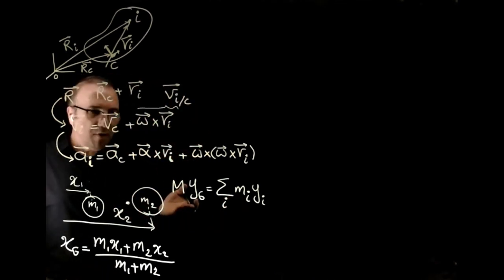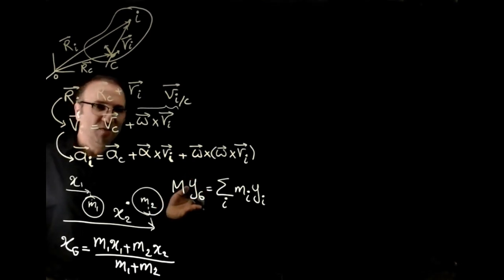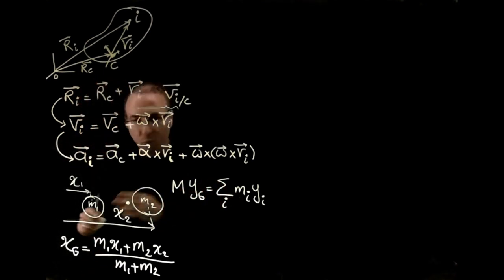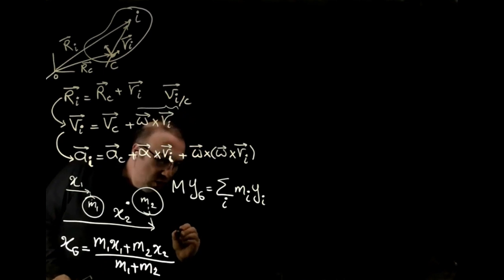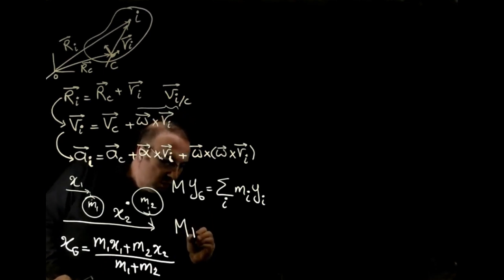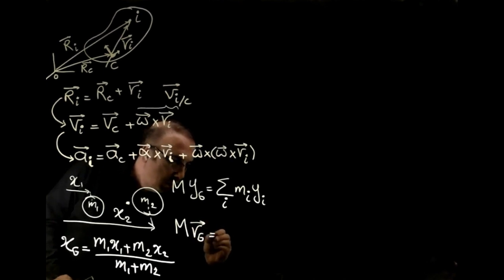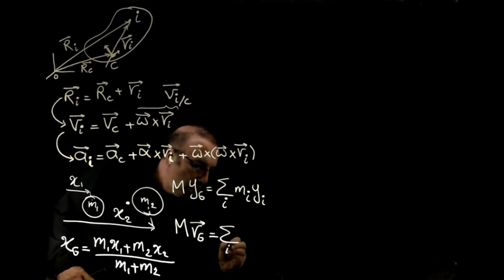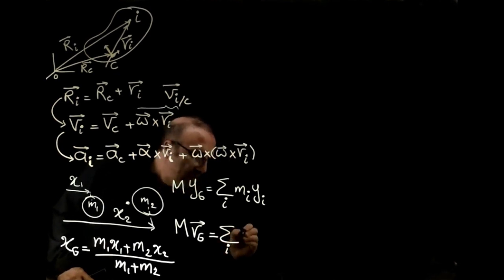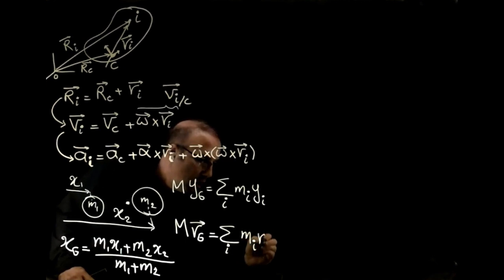Now we can write the same thing for the z coordinate of the center of gravity. So M zG equals that. So we have it for x, y, and z. So we can write it as a vector: rG equals the sum over all point masses of mi ri.